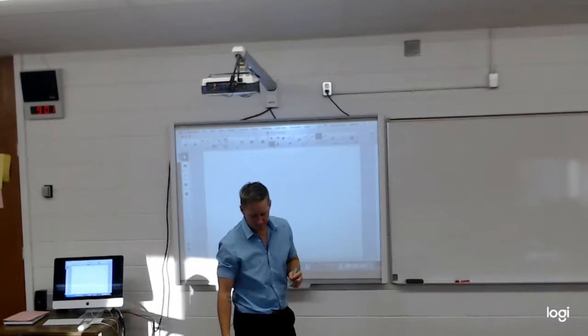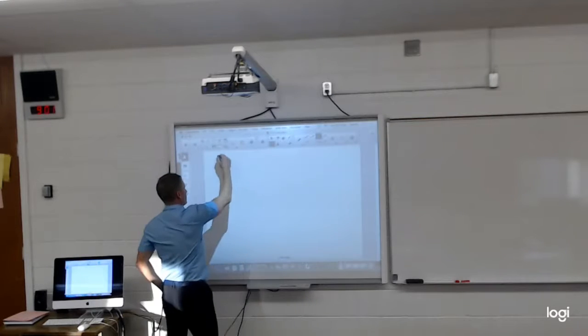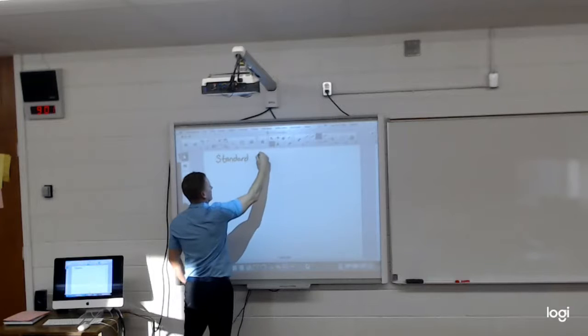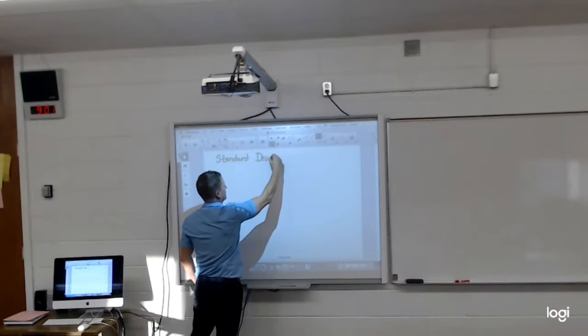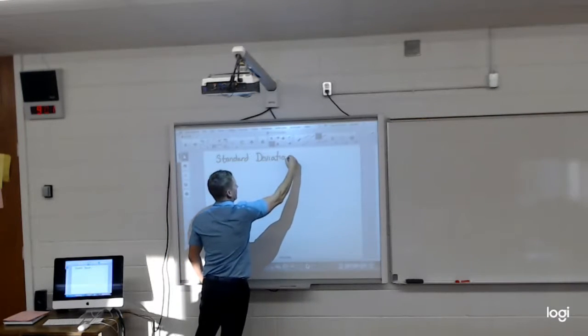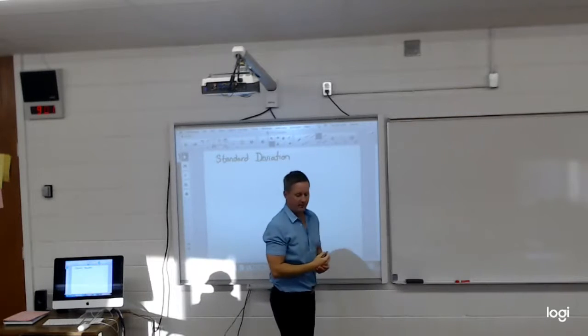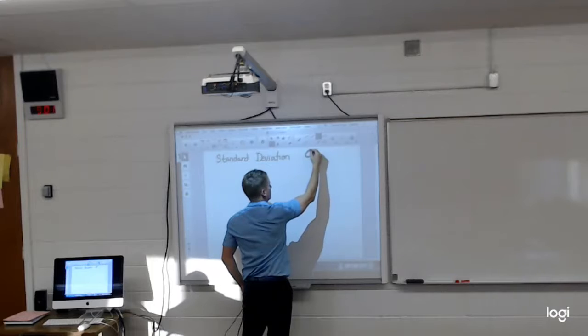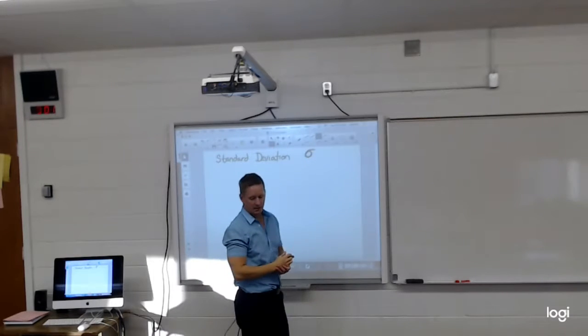That's right. Okay. Today we're going to look at a new one, one that you haven't seen or heard of before. This is what we call standard deviation. On your calculator they have a symbol for it. It looks something like this, a sideways 6.